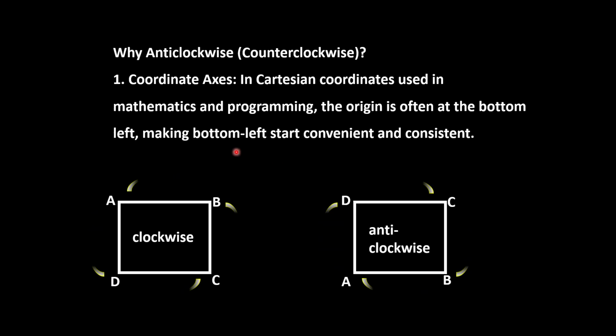So the coordinate axis always considers the bottom left as the starting point 0, 0, provided you don't have any negative values. Making the bottom left the start is convenient and consistent with the coordinate axis convention, where in many graphs the bottom left is 0, 0.